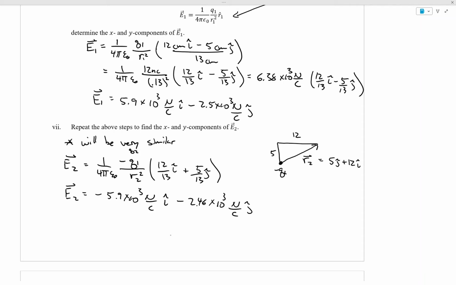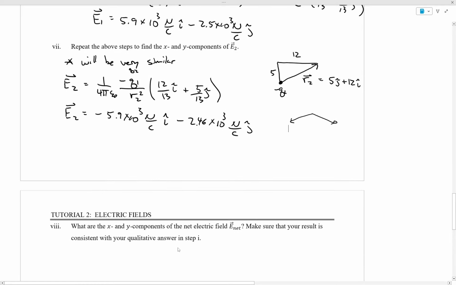So that just reflects what we saw above, the fact that one of these points like this, one of these points like that. So the x components cancel, but the y components are both negative. The y components are going to add. This is showing us that it's consistent with what we saw with our cartoon before we started doing the math.